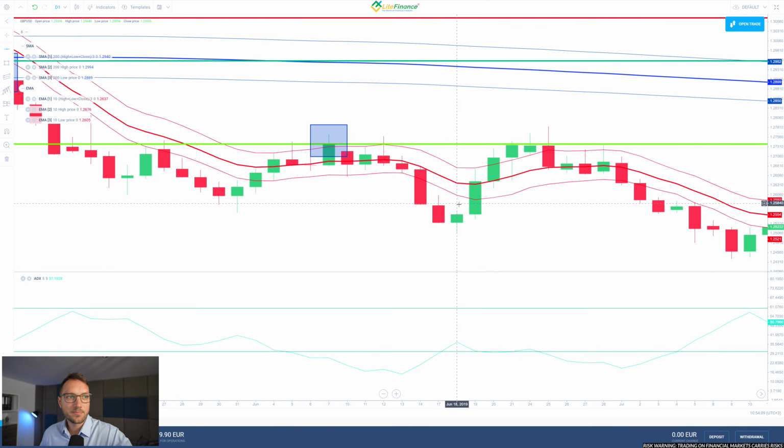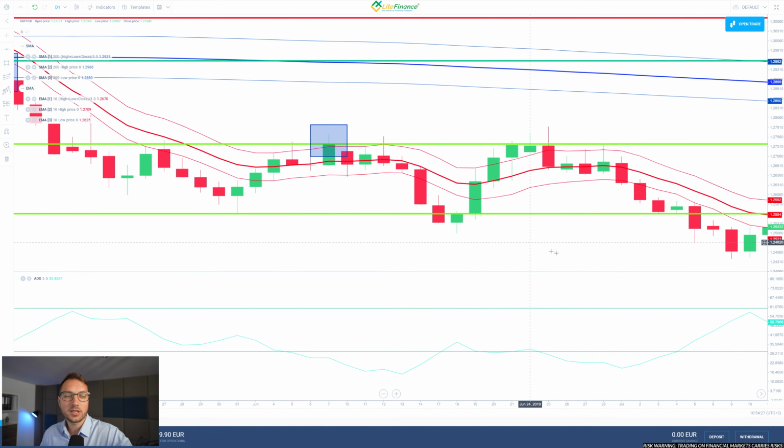So the price closed below the 10 period moving averages zone, we can say, and the ADX is above 30, so that would be our entry level, all right? And we would open a short position, therefore our stop loss would be when the candle closes above the 10 period moving averages, right?